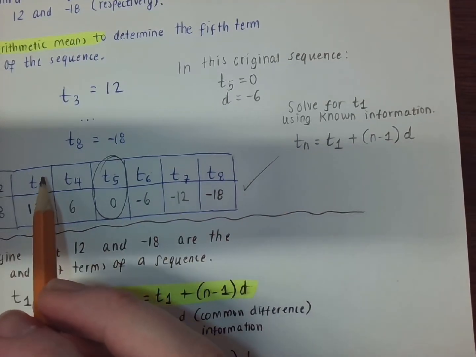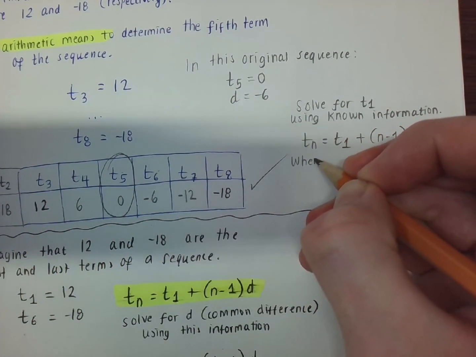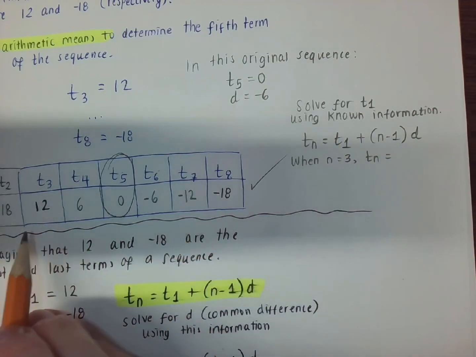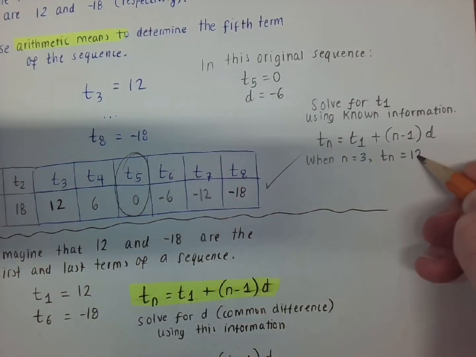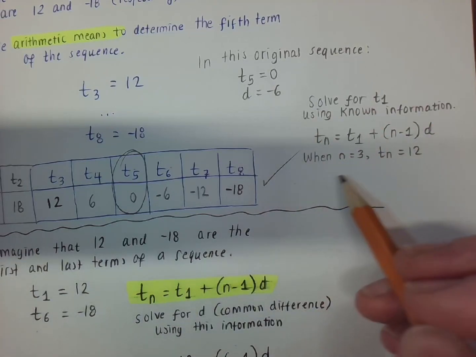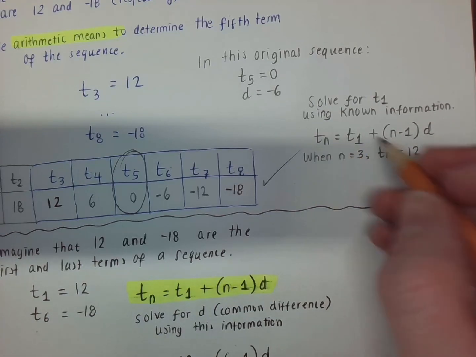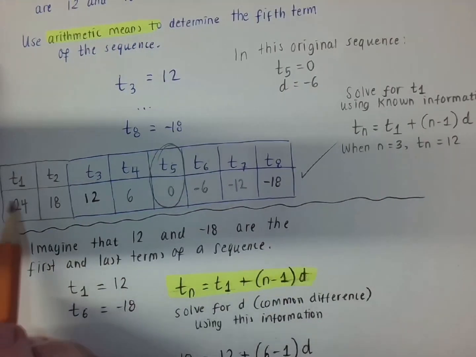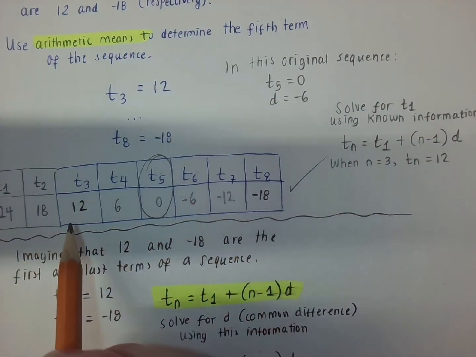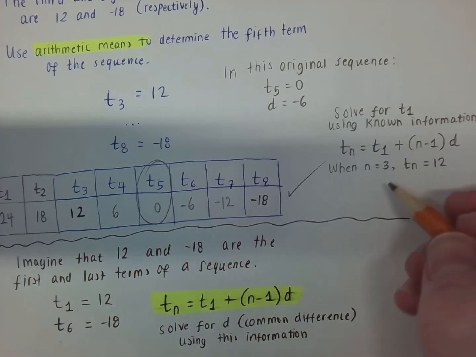Why don't we just say, okay, when n equals 3, Tn equals 12. So I could plug in all of my known information and solve for T1, which definitely is just going to be 24, but I just wanted to show this because sometimes you might have more terms and it might be more confusing.